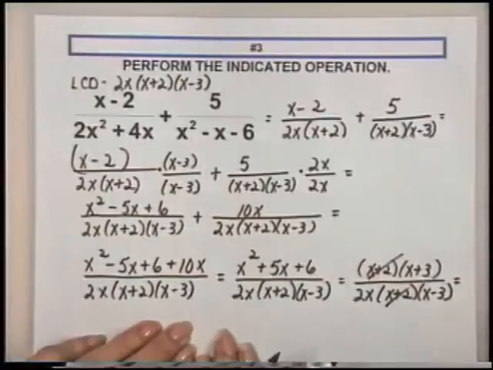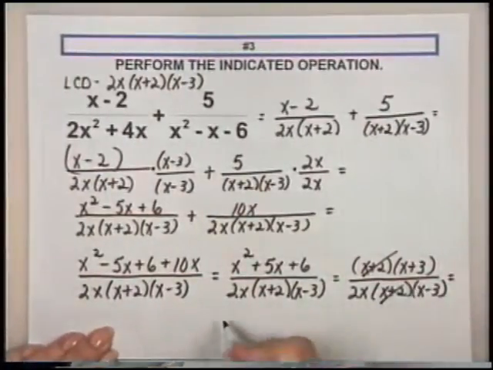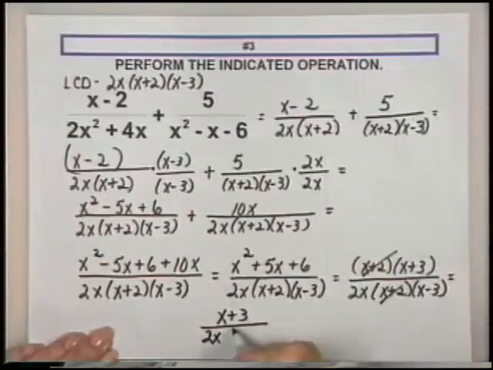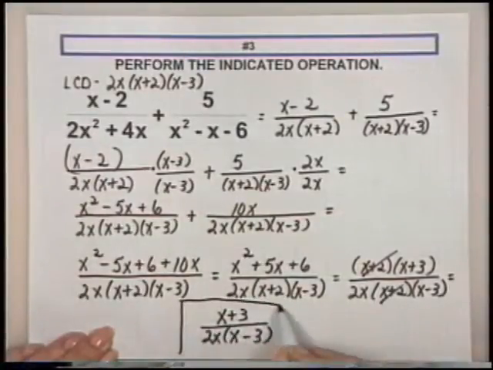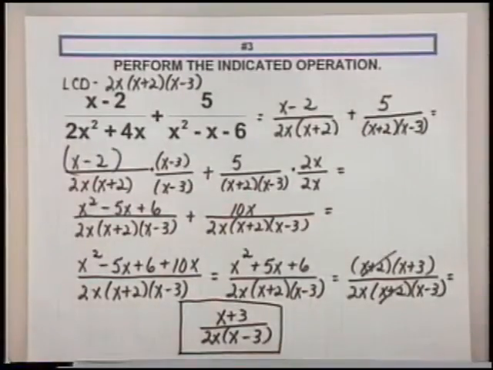We know that x plus 2 divided by x plus 2 is 1, so we may cancel the x plus 2's, and the result is, in the numerator, x plus 3. In the denominator, I will have 2x times x minus 3. That is my final answer.